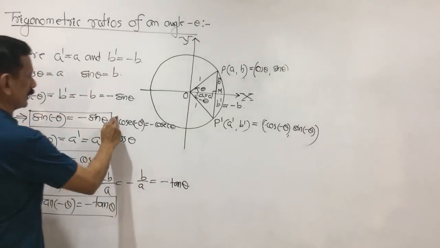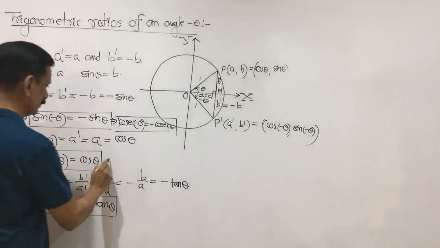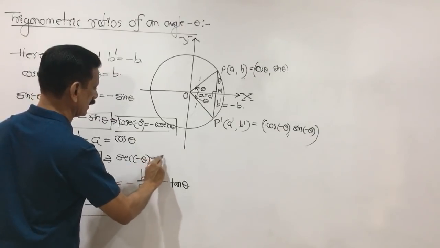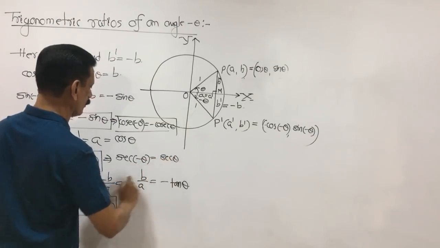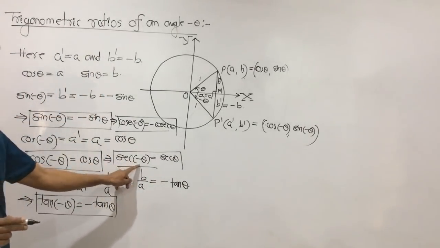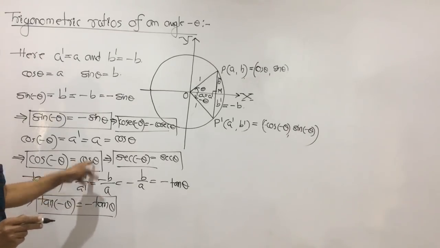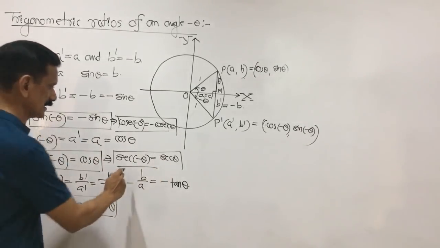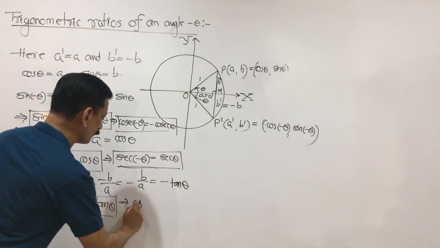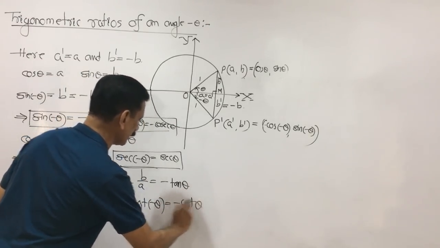Additionally, cos of minus theta is cos theta, so from this we can write sec of minus theta as sec theta, because sec of minus theta is 1 by cos of minus theta, and cos of minus theta is cos theta, so 1 by cos theta is sec theta. Similarly, we can write cot of minus theta as minus cot theta.